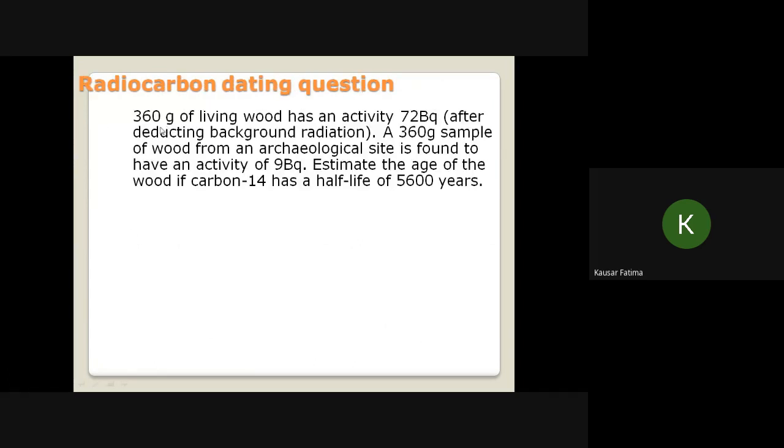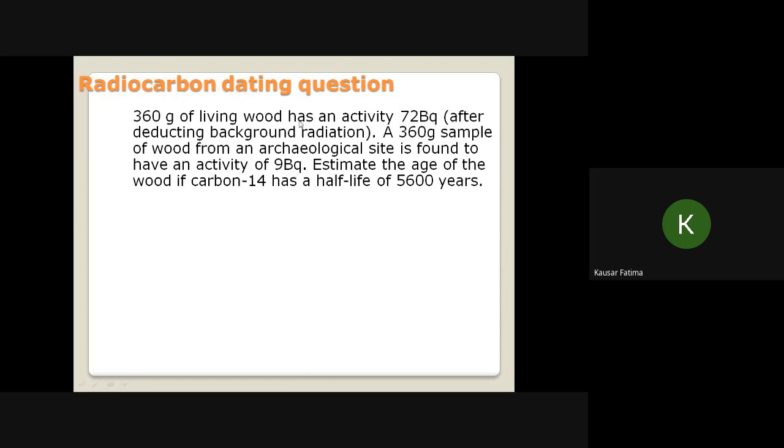So here is an example. 360 grams of living wood has an activity of 72 becquerel. Becquerel is the unit, and you can call it disintegrations per second, counts per second, after deducting background radiation. A 360-gram sample of wood from an archaeological site is found to have an activity of 9 becquerel.